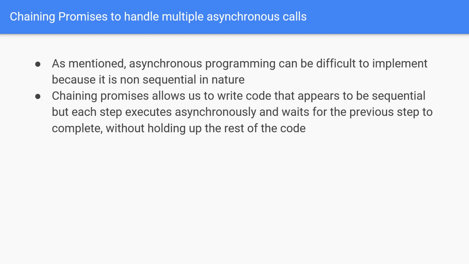As mentioned, asynchronous programming can be difficult to implement because it is non-sequential in nature. Chaining promises allows us to write code that appears to be sequential, but each step executes asynchronously and waits for the previous step to complete without holding up the rest of the code.